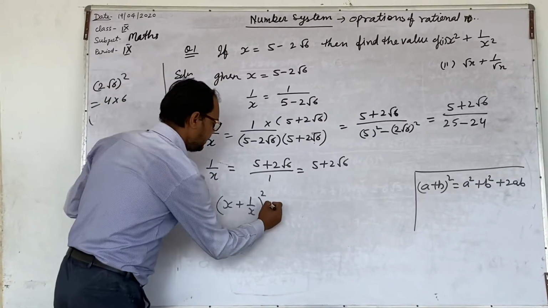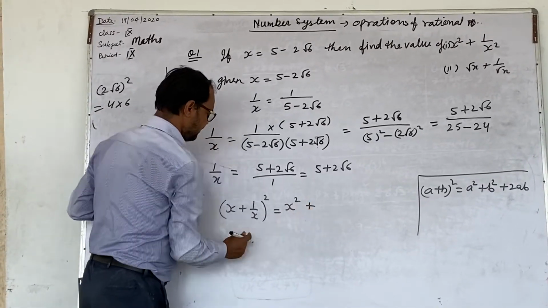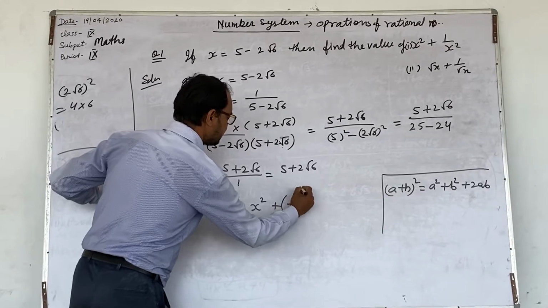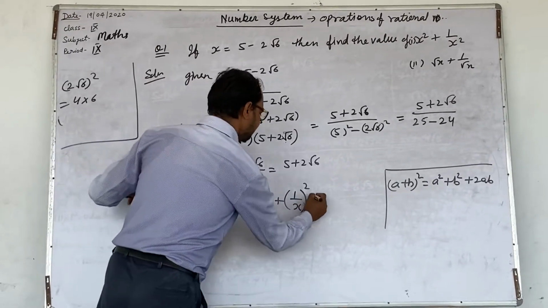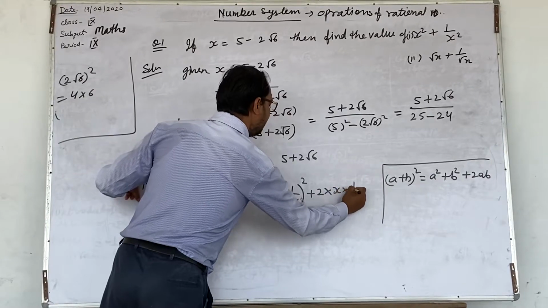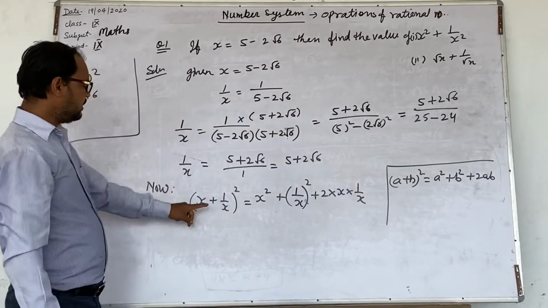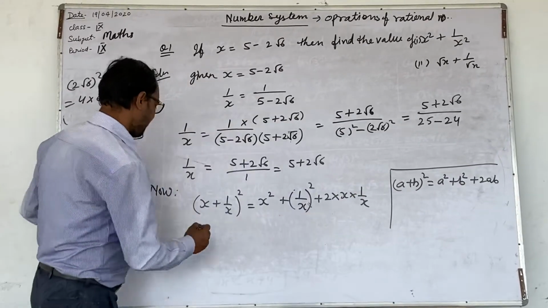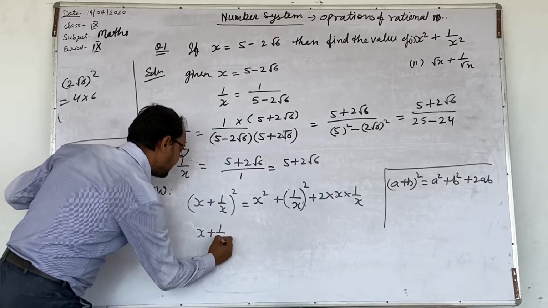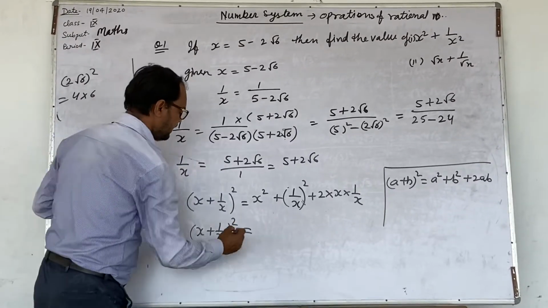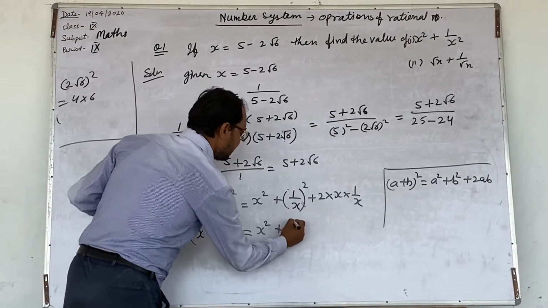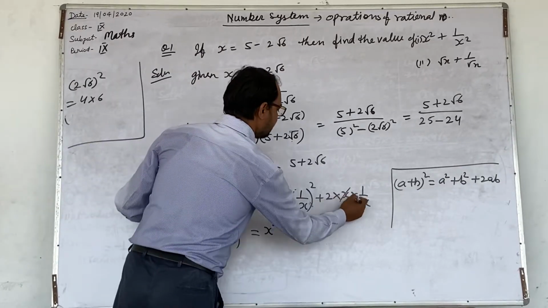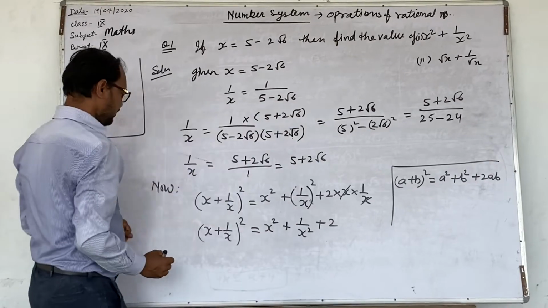So applying this identity, we get x square plus 1 upon x square plus 2 into x into 1 upon x. So x plus 1 upon x whole square will be x square plus 1 upon x square, and this will be cancelled out, plus 2.